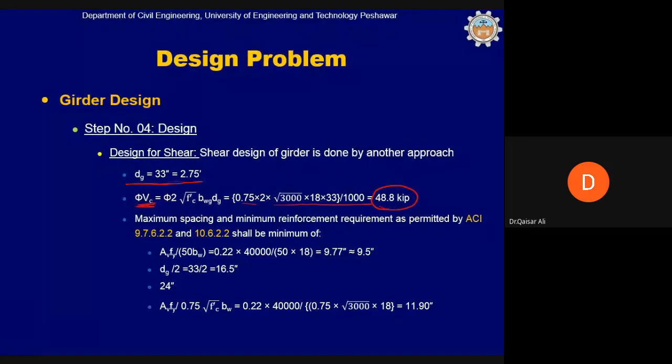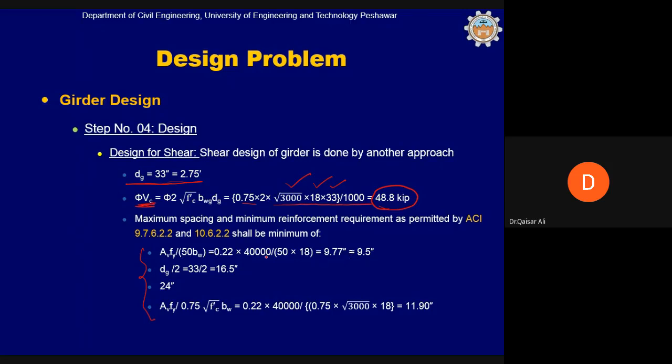This exists because if b remains the same, b is 18 inch, d remains the same, and strength of concrete remains the same, this value of 48.8 kip exists everywhere along the length of the beam. Now, according to the maximum spacing criteria of the ACI code, these are 4 equations that we have been using in our examples.